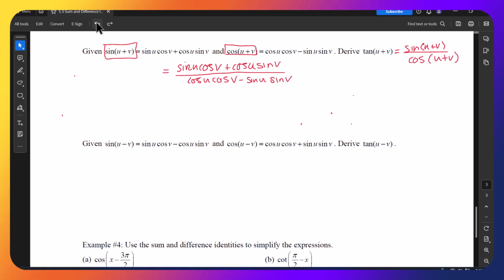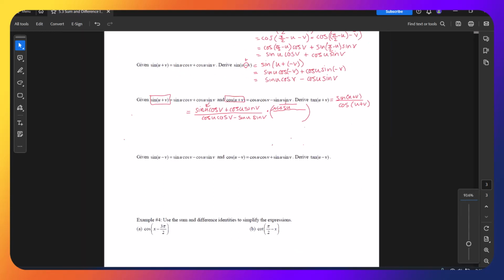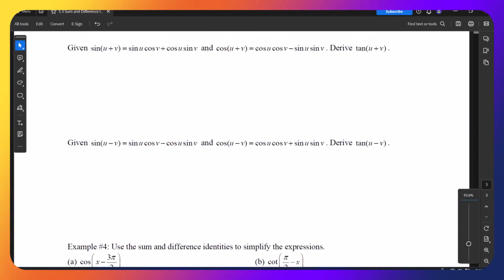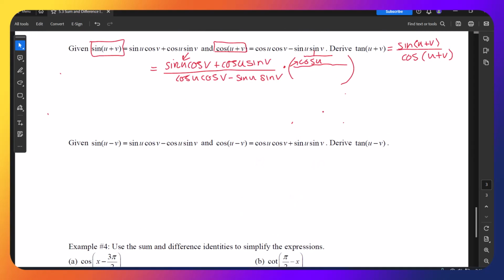To end up with tangent, I have to multiply by values that create tangents in both. So that means multiply the top and the bottom by 1 divided by cosine u, so I can have sine divided by cosine, and that would be tangent, and then also cosine v.